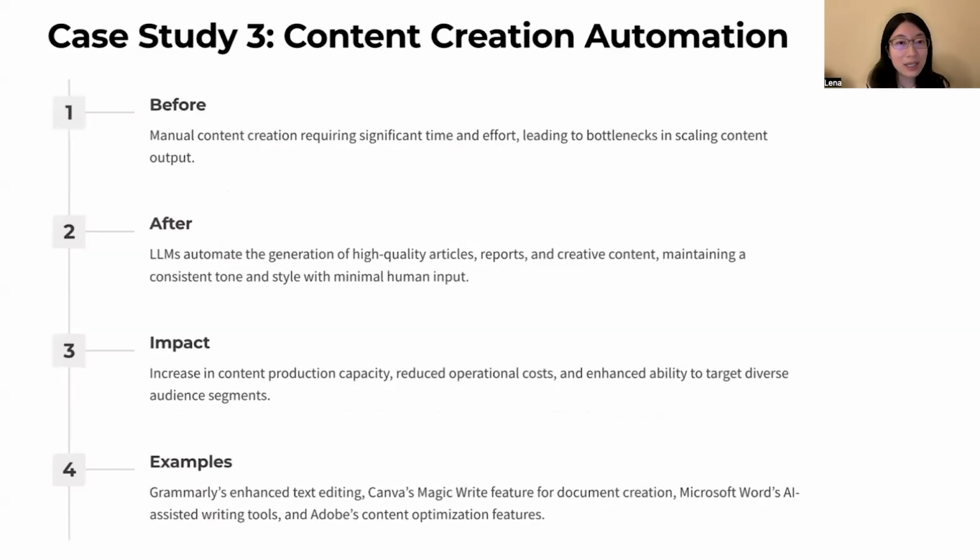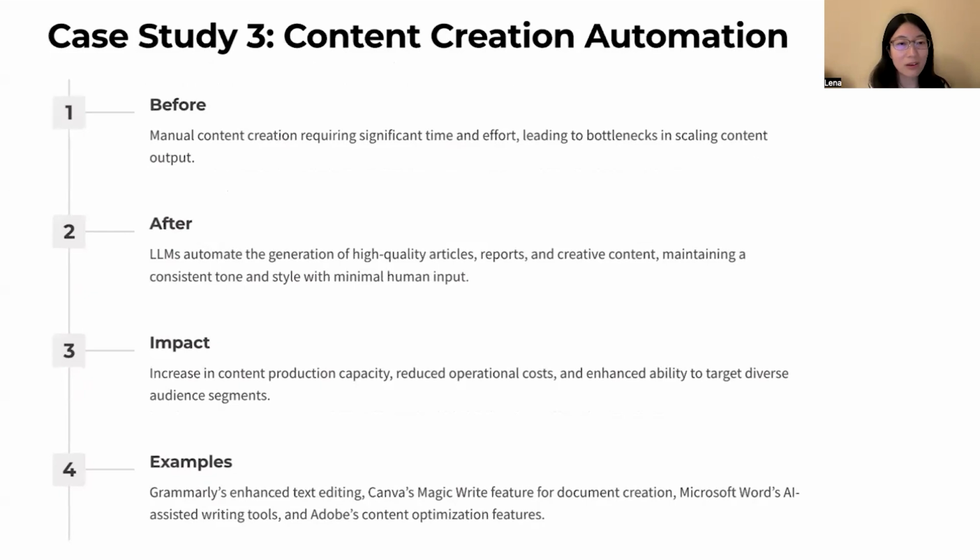The next case study is content creation automation. In the past, we had to write everything by ourselves. Later, we also had help from autocomplete or suggested replies. But still, the capabilities were quite limited.